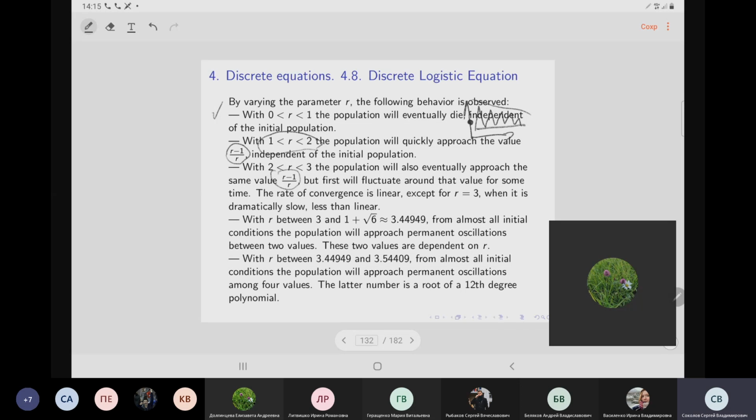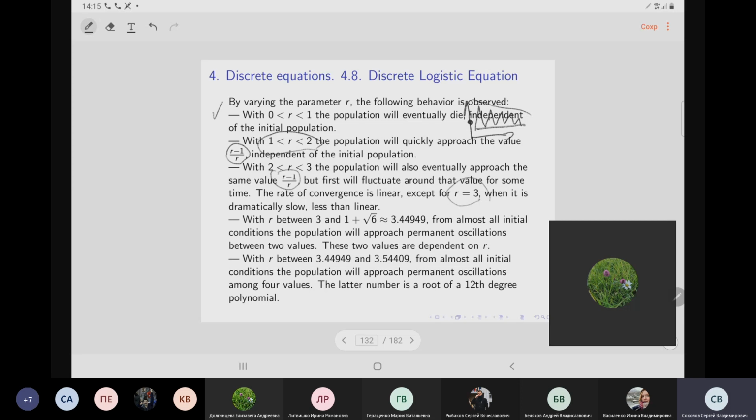And for r equal to 3, the speed of convergence becomes less than linear. So it converges, but very, very slowly. And next, when we increase r furthermore, we can't use our linear approximation.